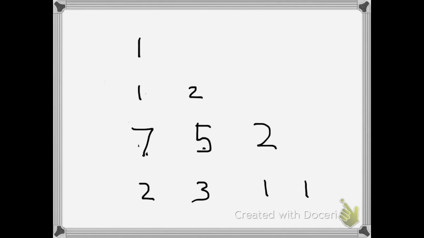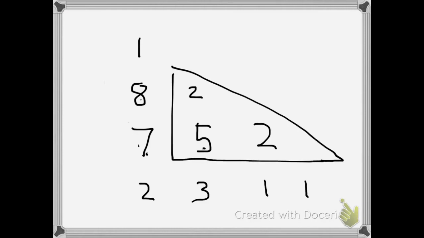So this one becomes 8. After doing this, we'll move on to the next triangle, which is this one. Now between 5 and 2, obviously 5 is greater than 2, that's why we choose 5, and let's update this 2 to 7, because 5 plus 2 is equal to 7.